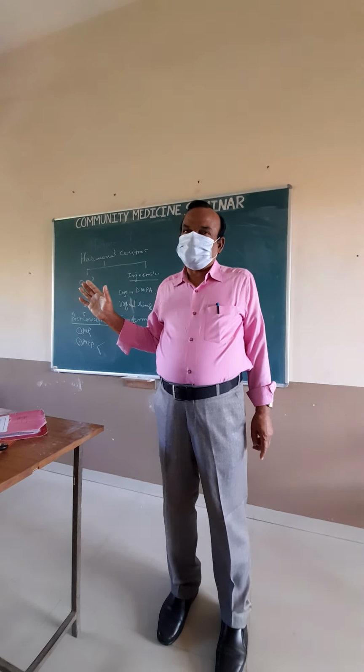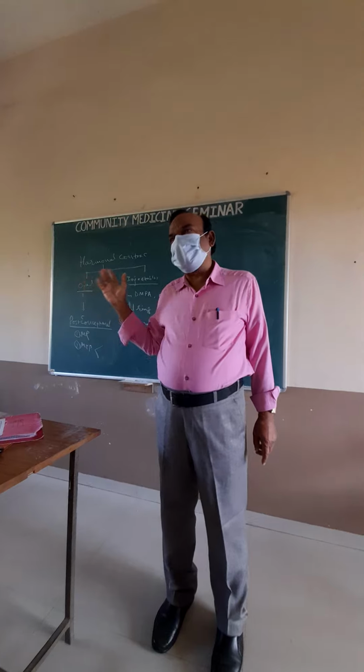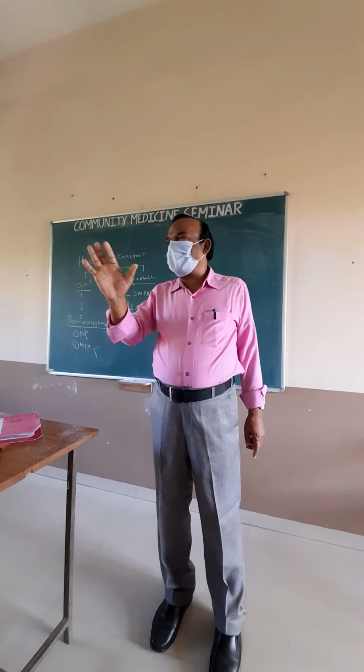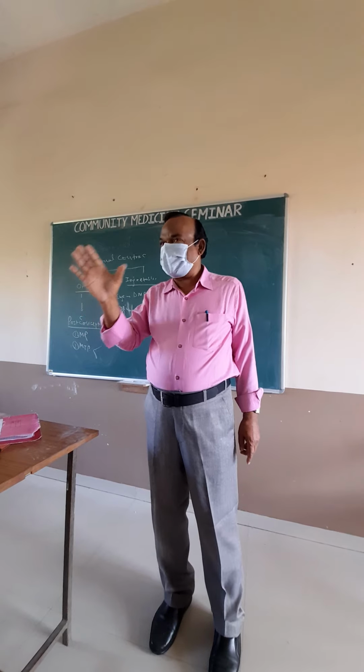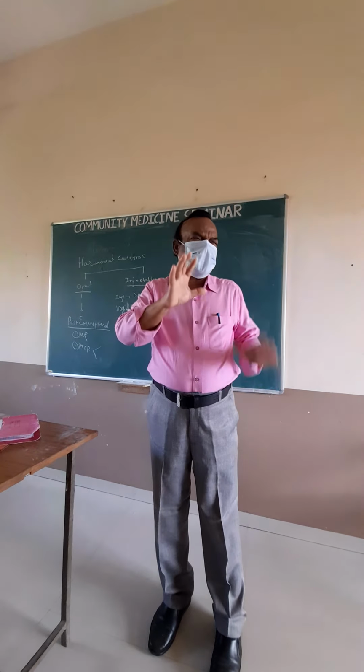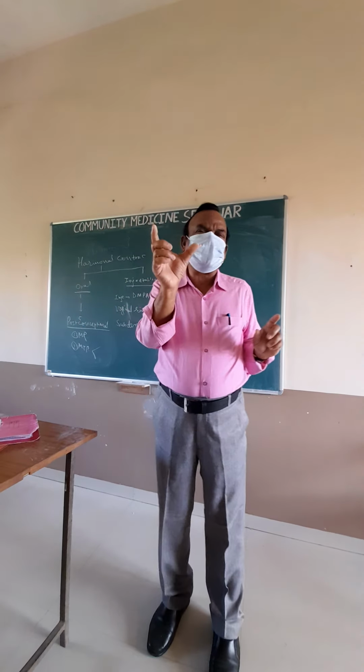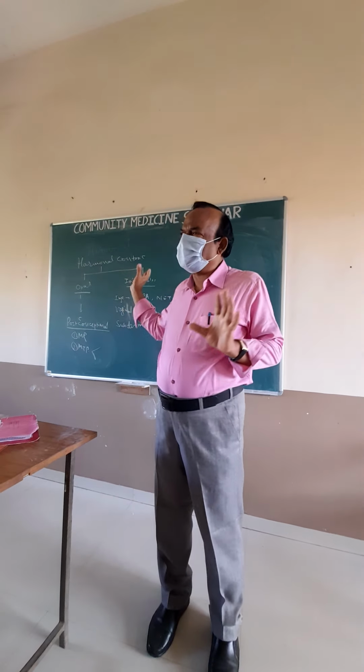But remember, after the 90 days, the injection has to be repeated. But the best way is not to take this injection. Again, I am telling you, this has many side effects. You can advocate other simple ways of contraception rather than going to hormones.